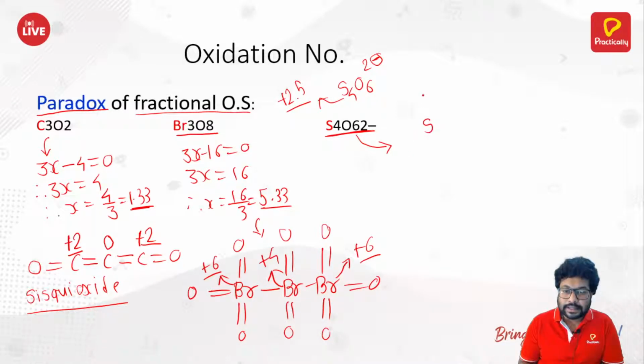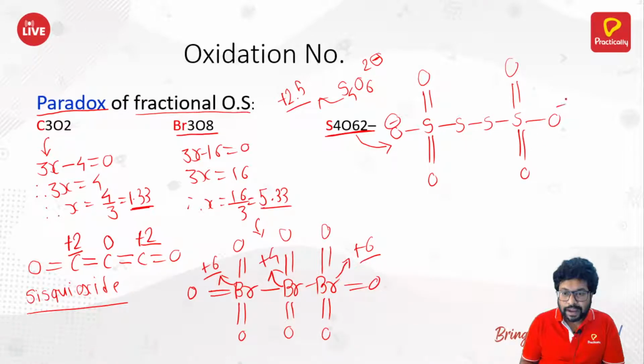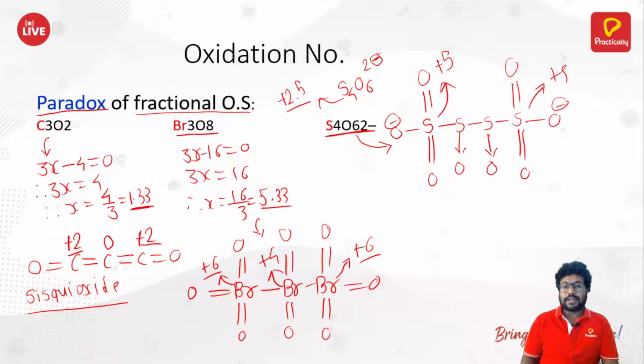Its structure is like this: S double bond O, double bond O, O-, S S S double bond O, double bond O, and minus. So this sulfur is in a +5, this sulfur is in a +5, and both these sulfurs are in 0 oxidation. So that's how you get 5 plus 5, 10 plus 0, and 10 divided by 4, 2.5. So that is how the paradox of fractional oxidation state is all about.